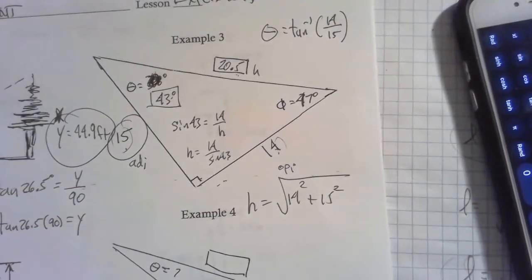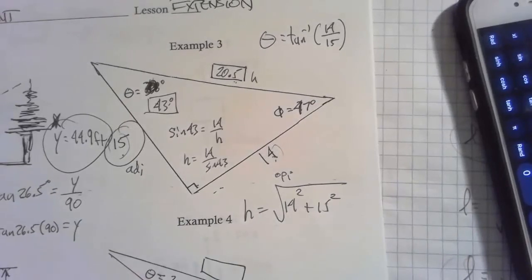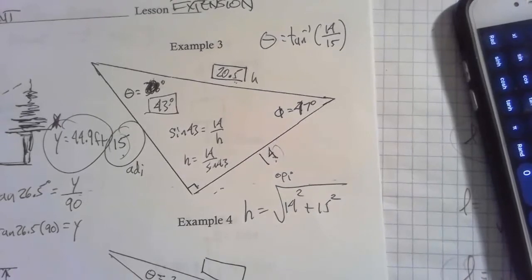All right, so let's try this one. Same thing, I got two sides. This would be the opposite, this would be the adjacent. So theta is going to be the inverse tangent of 35 over 95.